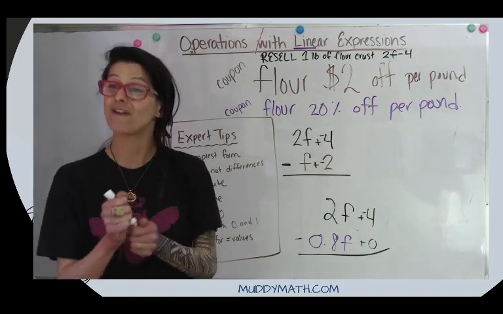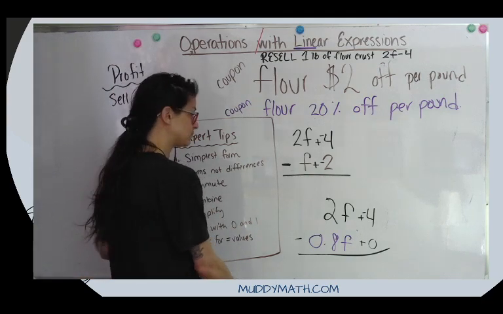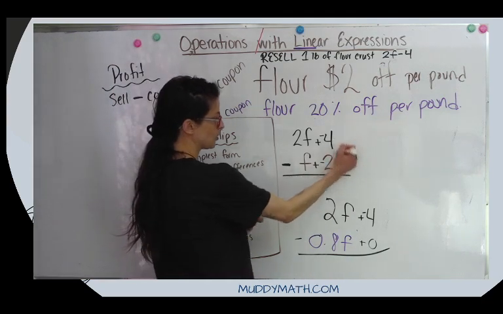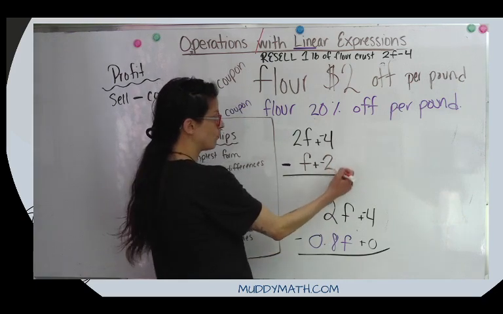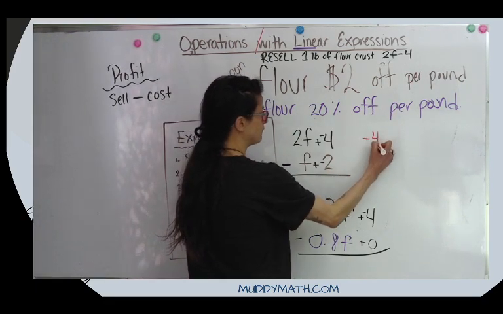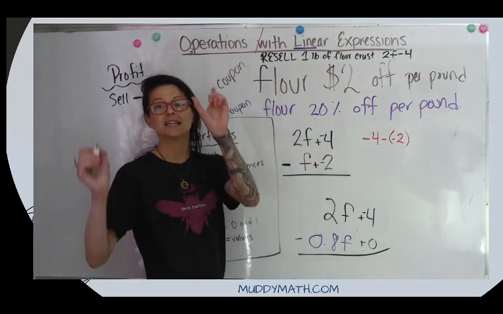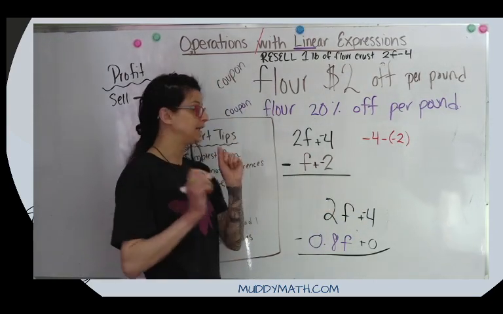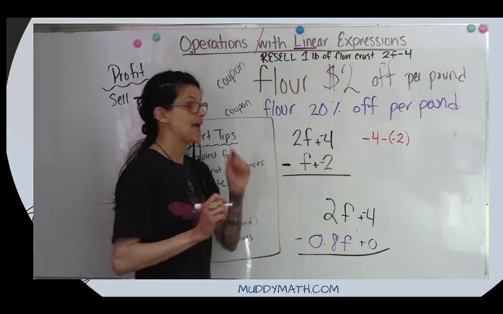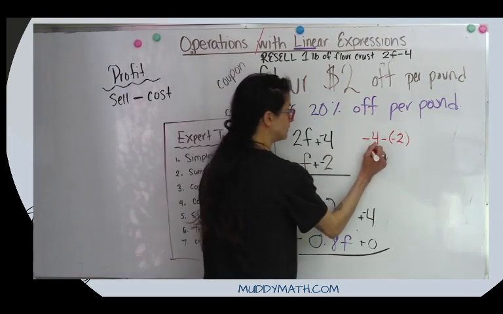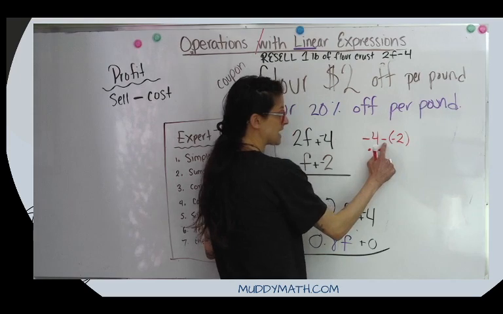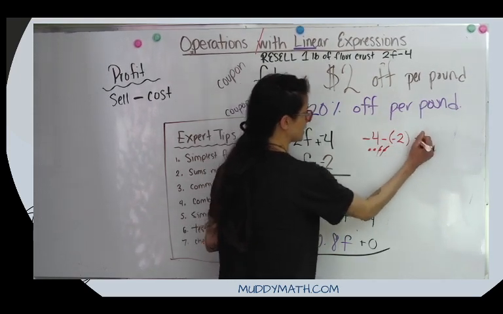So now we're actually going to find their differences. So we subtract. I'm going to start with the constants. Negative 4 minus negative 2. Subtracting a negative from a negative. I have negative 4, and I'm taking away negative 2. I'm left with negative 2.